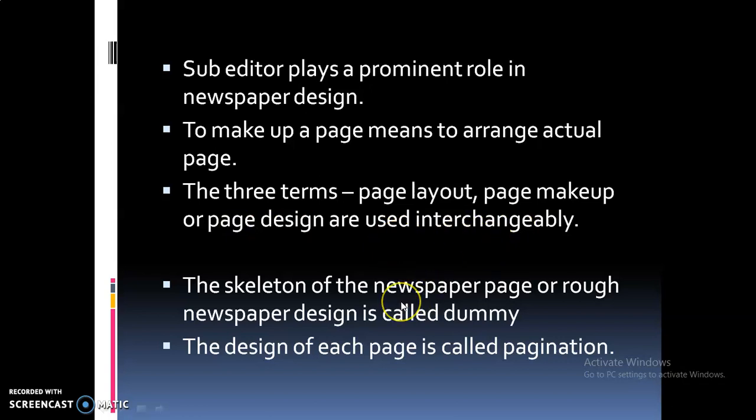The skeleton of a newspaper page, or rough newspaper design, is called a dummy. The design of each page is called pagination. Leading professional DTP packages used for newspaper pagination are QuarkXPress and Adobe PageMaker.